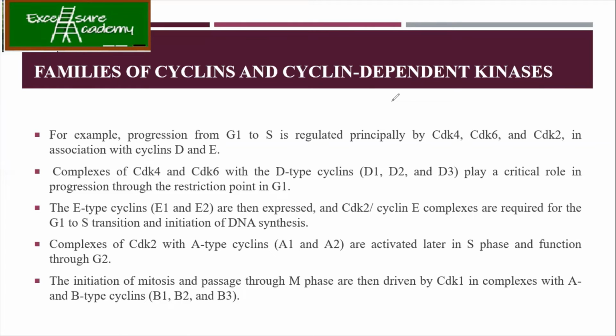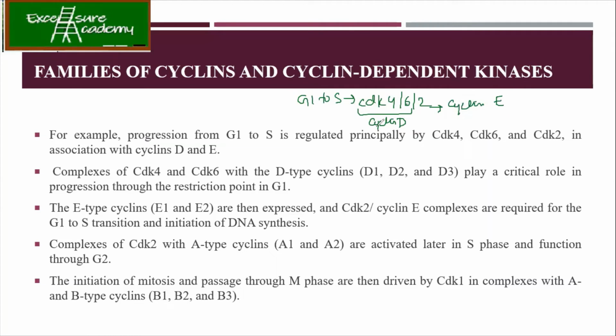Okay, I'll just summarize for you guys. G1 to S is CDK4, 6 and 2. CDK4 and 6 are with cyclin D. CDK2 is with your cyclin E.